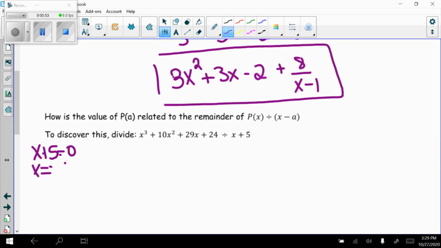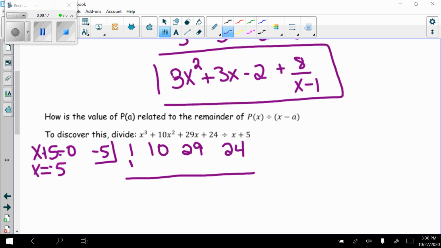X equals negative 5. That's the number that's going to go in my little box. I check my polynomial. X cubed, x squared, x and constant. I'm not missing anything, so I don't need any 0 placeholders. So write down my coefficients. 1, 10, 29, 24. Negative 5 goes in my little box. My 1 comes straight down.